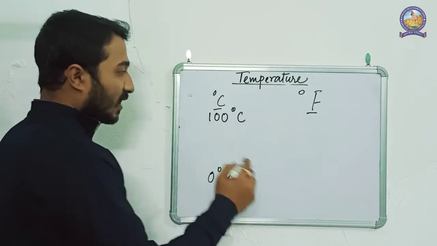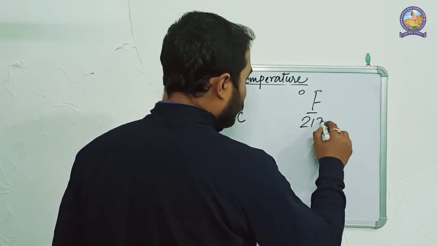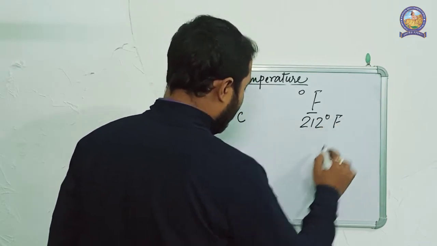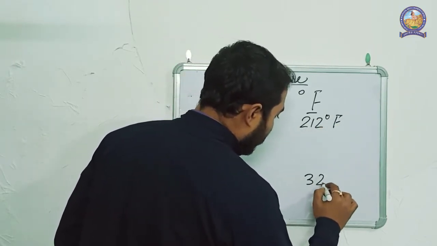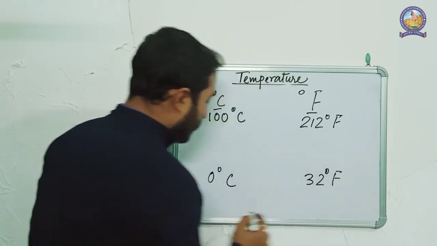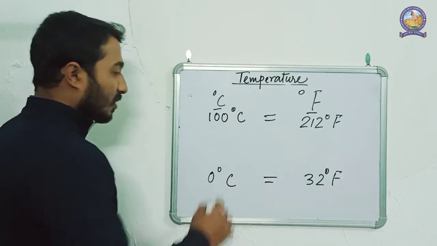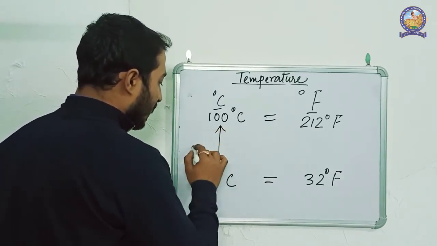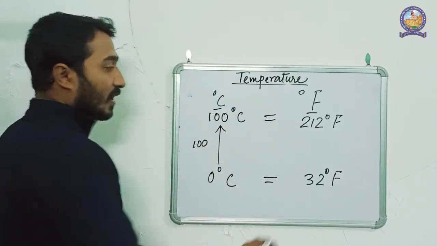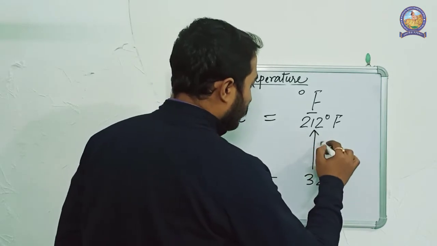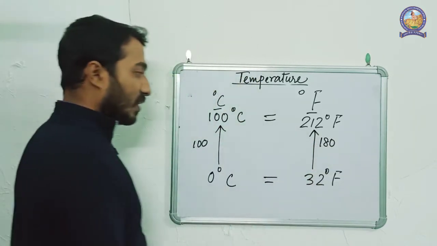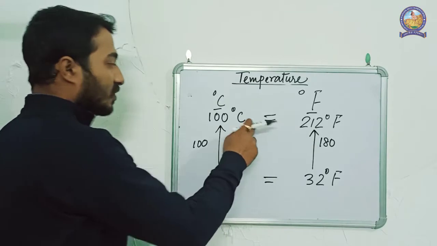In Fahrenheit it is 32 degrees and 212 degrees Fahrenheit. Remember, these are equal and these are equal. In between there are 100 gaps in Celsius and 180 gaps in Fahrenheit.